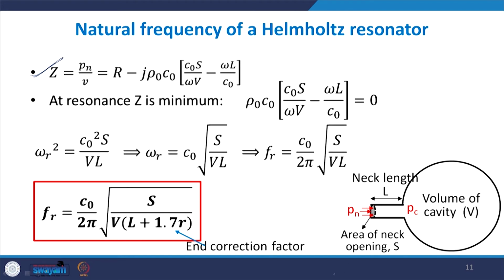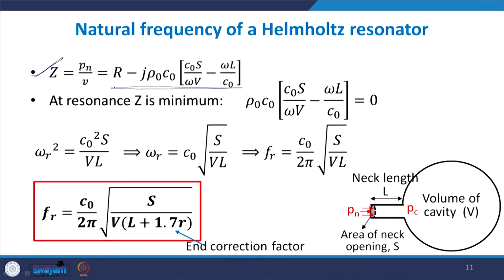Resonance is the condition when suddenly the resistance offered by a system becomes minimum, because the system offers no resistance or very minimum resistance to the flow of sound waves. So, sound waves of very large amplitude then flow through the system.